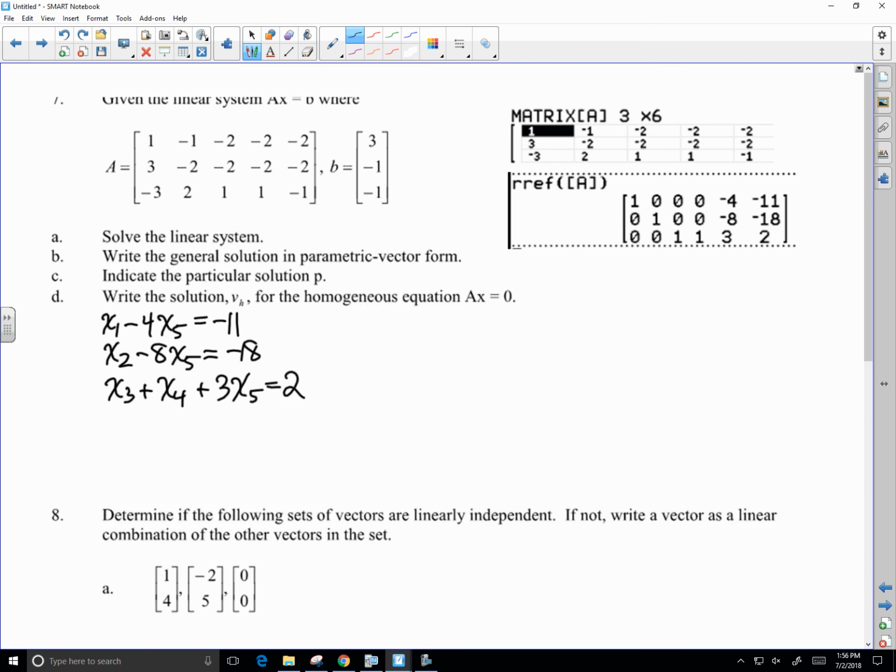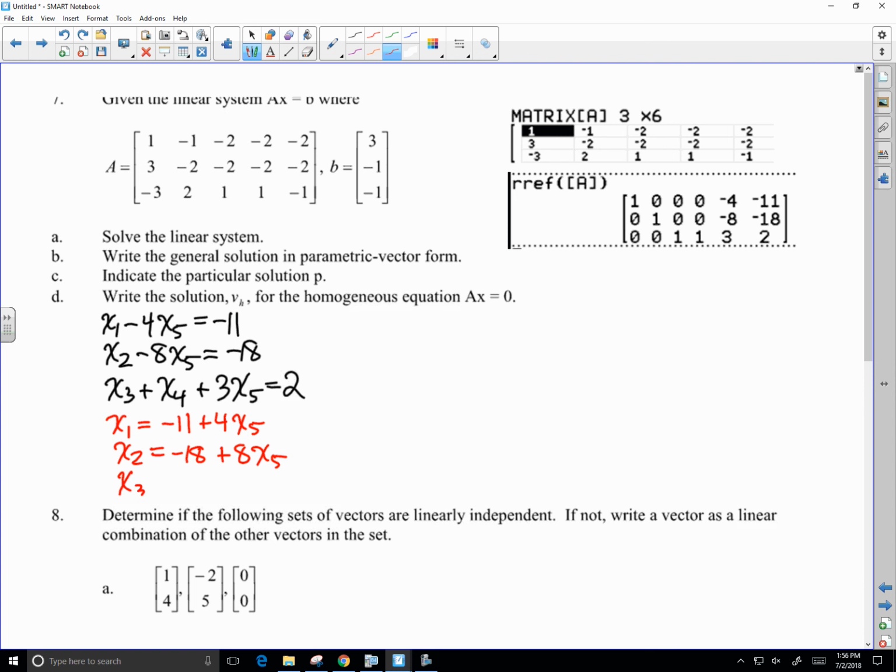Quick double check here. Looks good. So x1 equals negative 11 plus 4x sub 5. x2 is equal to negative 18 plus 8x sub 5.